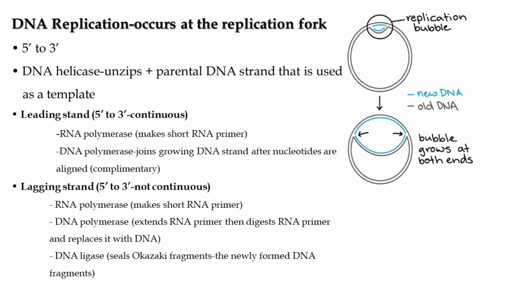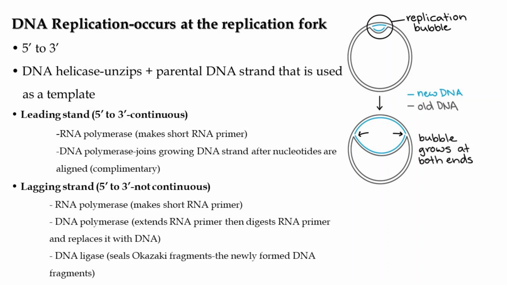You have your DNA leading strand, which is a continuous strand, from 5' to 3'. Your primase, which is nothing but an RNA polymerase, will make a small primer. Your DNA polymerase 3 will act on it, going on adding new nucleotides to the 3' OH end, thus creating a complementary strand to the parental strand.